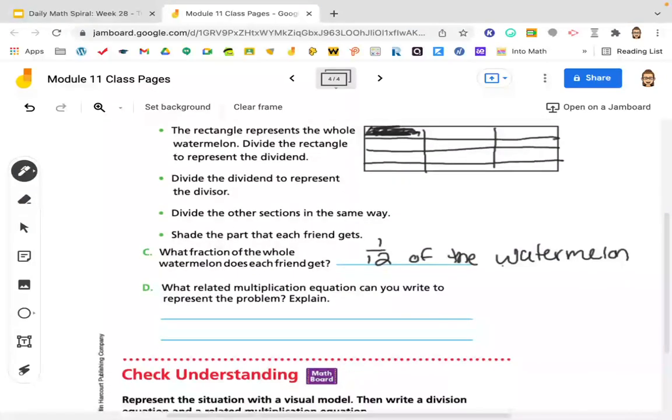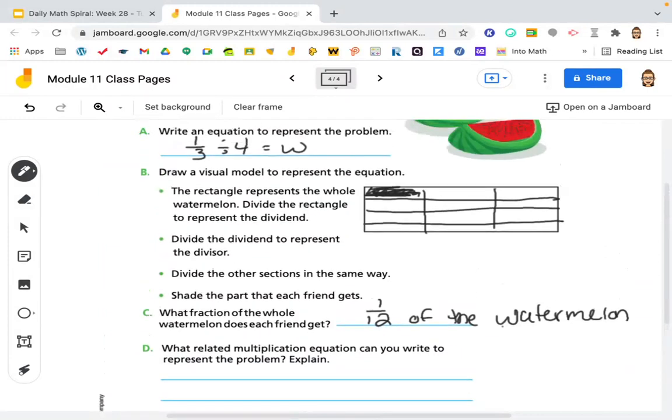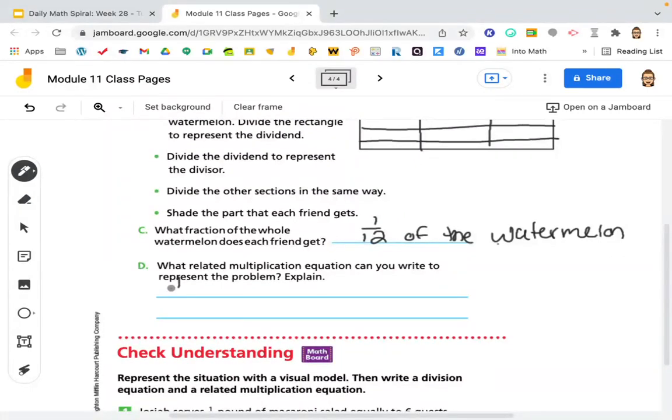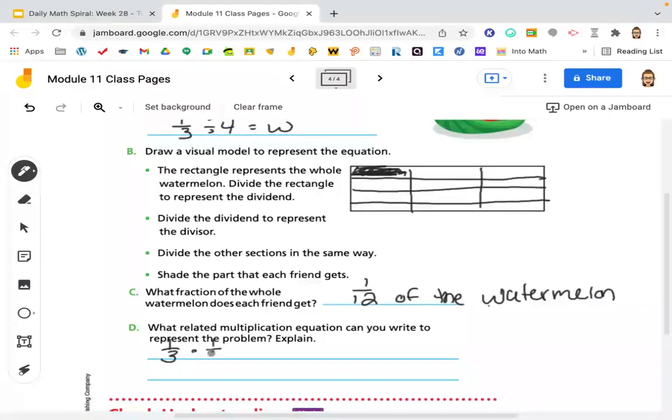And it says, what related multiplication equation can you write to represent the problem? Well, again, as I just said, I did kind of the 3 times 12, but we have the 1 on top, so we're really doing 1/3 times 1/4 equals 1/12, because each section we have 1/3 times 1/4.